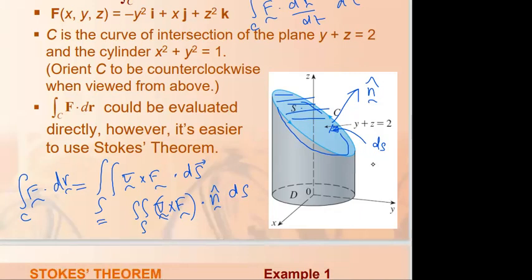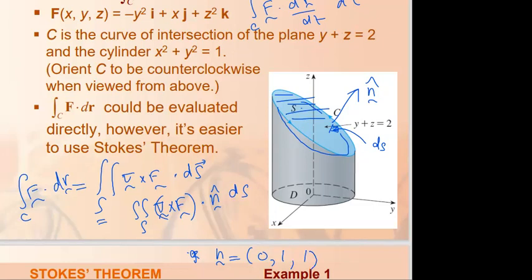So the normal vector would be the partials. This is a constant, and there are no other terms, so the partial is 0. The partial of this with respect to x is 1, and the partial of this with respect to z is 1.